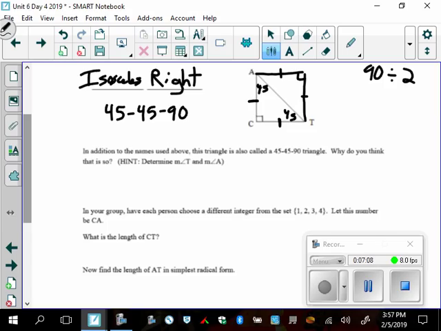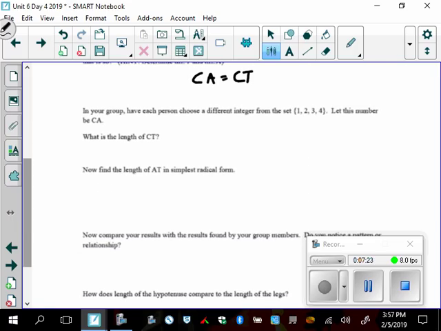So I'm going to make a little chart. Right now we know that CA equals CT, and those are both across from the 45. I'm going to have what two sides are across from the 45 and what's across from the 90.